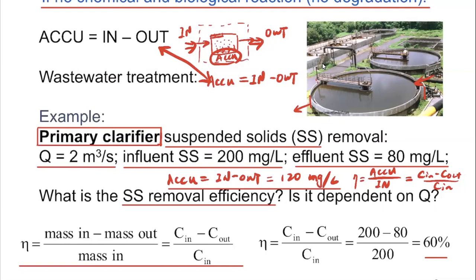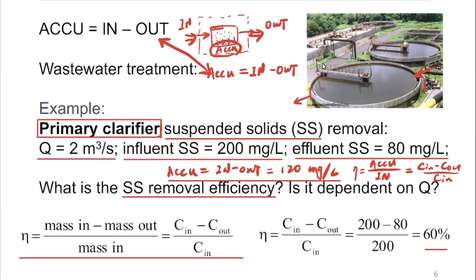Another interesting point: I also provided the flow rate of the wastewater, but is the efficiency dependent on the flow rate? Actually not. The flow rate controls how fast the suspended solids settle down, but what it affects is just the effluent SS.